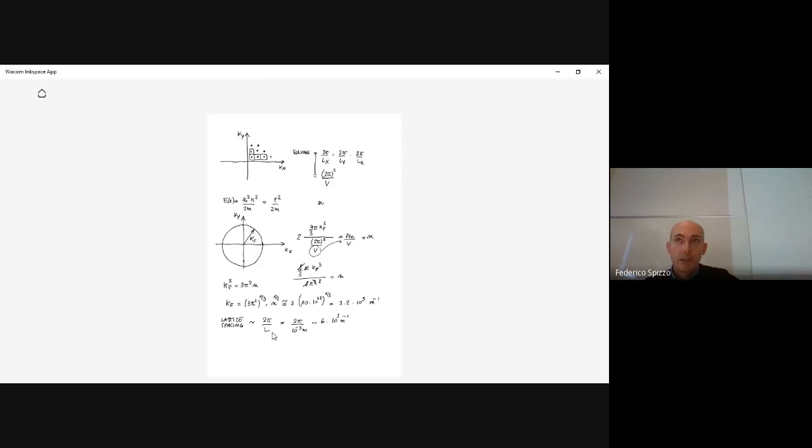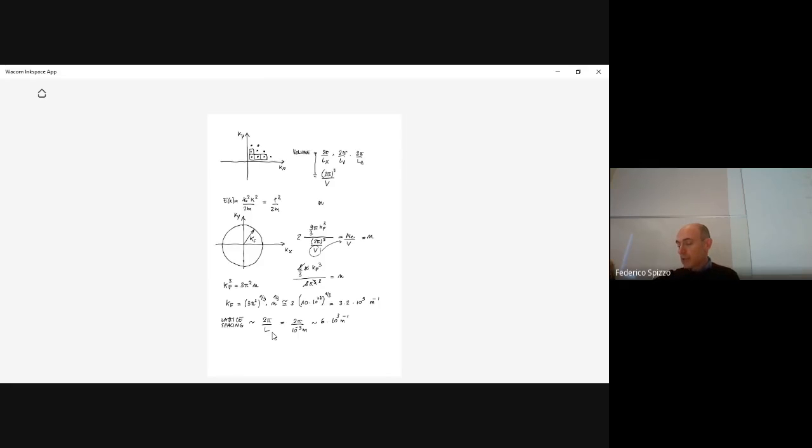Consider the energy. In principle it is a discrete parameter because K is not a continuous parameter, but has just discrete components. But the energy varies across all the levels from K equal to 0 to K equal to Kf. So you have a huge range of variation.